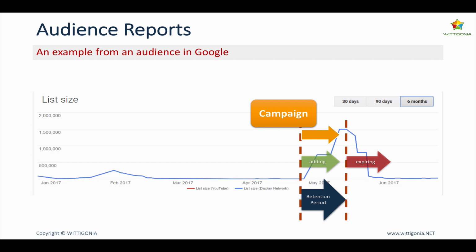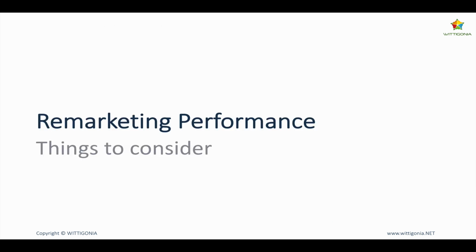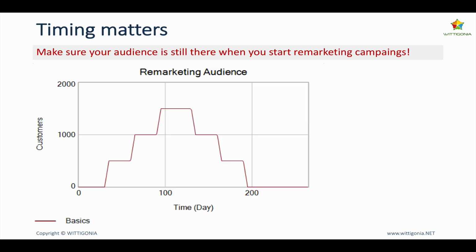And also keep in mind the sources of customers. For example, the inflows of customers into your audience list can come from different sources. It can come from direct access, from organic search, from PPC advertising, and so on. So a couple of things to consider here when we talk about remarketing performance.